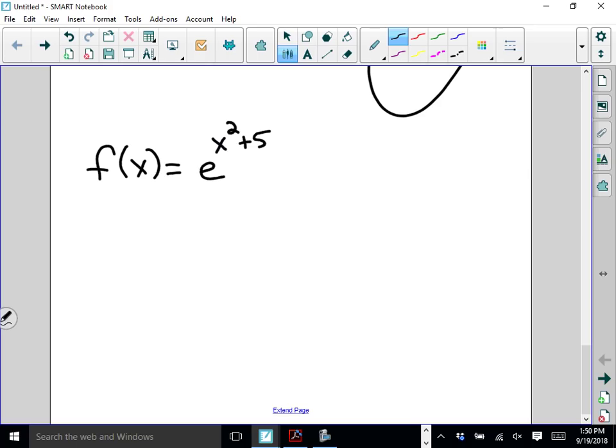So f of x now equals e to the x squared plus 5. Again, what's my inner function? What's my outer function? Well, my inner function here, again, is x squared plus 5.